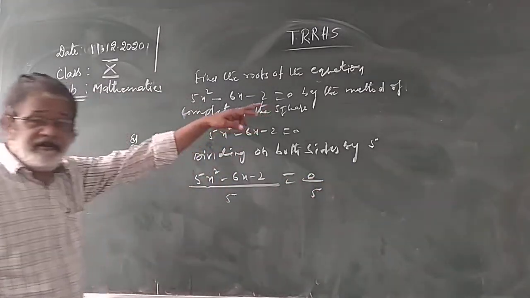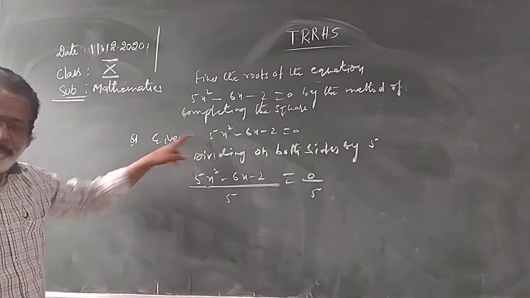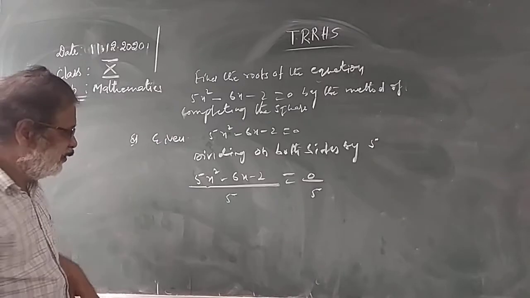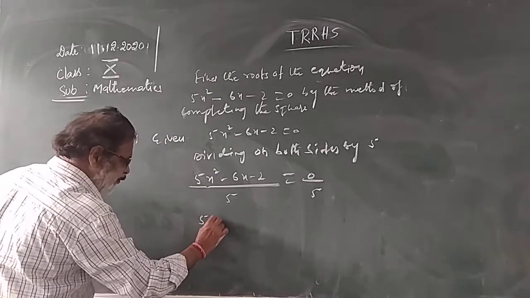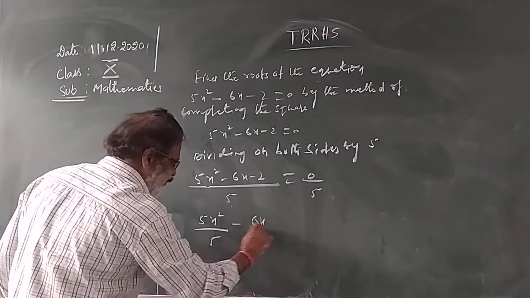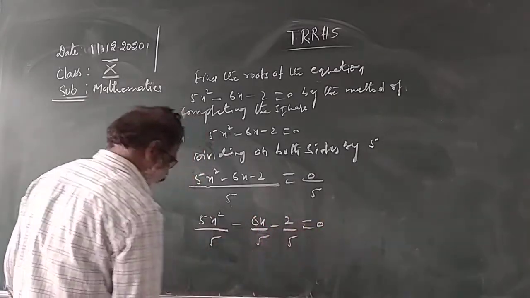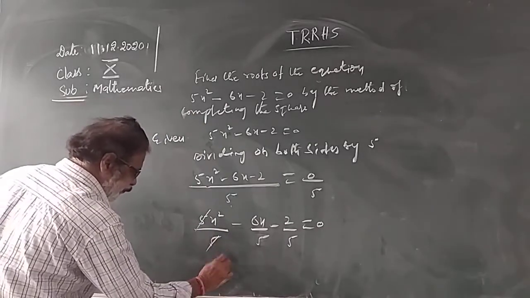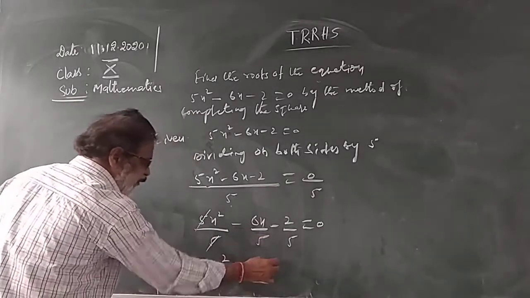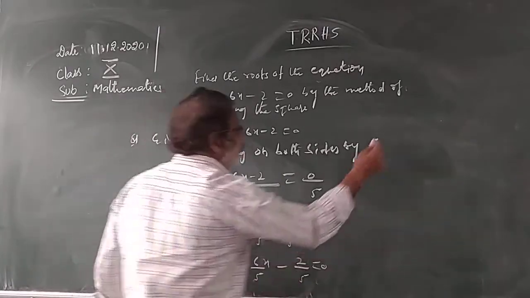This is the method of completing the square. The coefficient of x² is 5, so dividing on both sides by 5; if it is 6, divide by 6. Now split this: 5x²/5 − 6x/5 − 2/5 = 0. So x² − (6/5)x − 2/5 = 0.